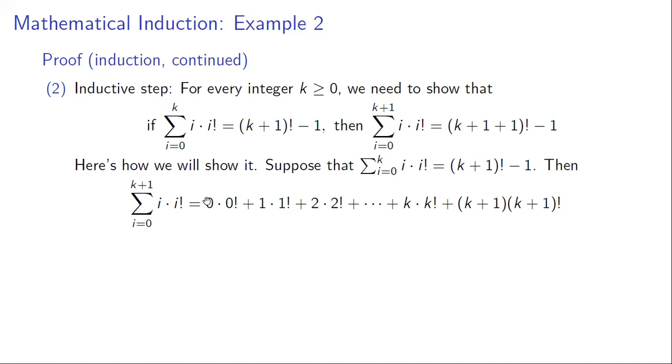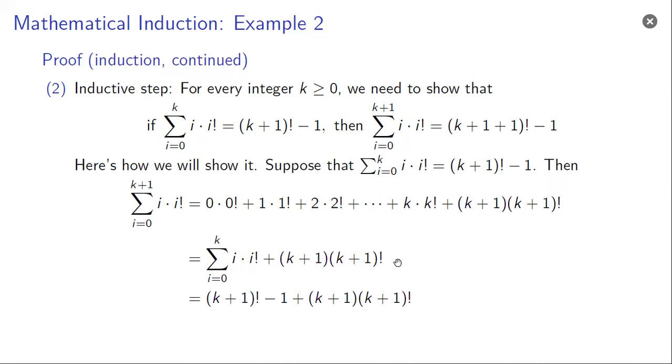Now notice that this part is actually equal to the sum from i equals 0 through k of i times i factorial. So we can rewrite it as follows: the sum from i equals 0 through k of i times i factorial, and of course plus this term from the end.